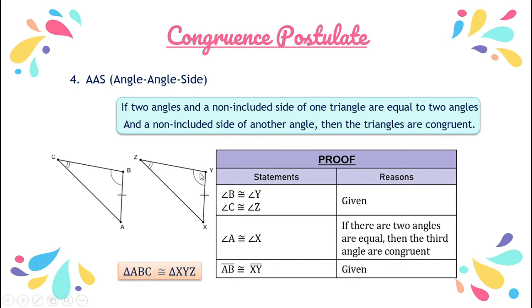Because if there are two angles that are equal, then the third angle is congruent. Segment AB congruent with segment XY. Given. So, angle, angle, side.